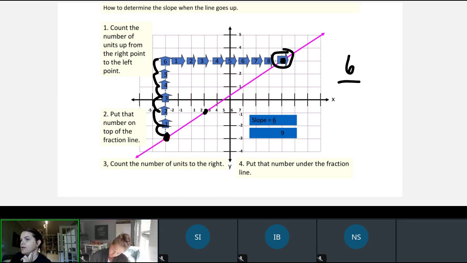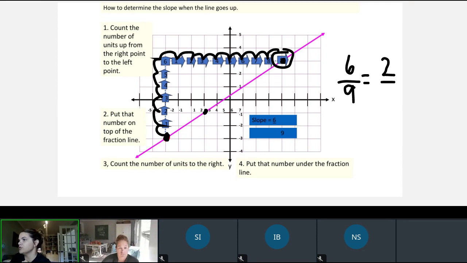Now we're going to count how many units we're going to the right. 1, 2, 3, 4, 5, 6, 7, 8, 9. Put that number under the fraction line. If we want to, we can simplify. So it would be 2/3.